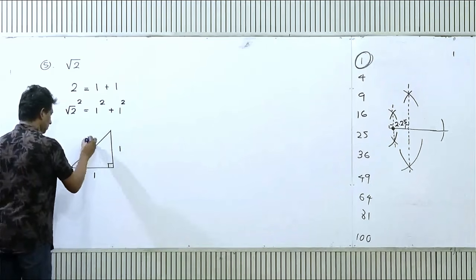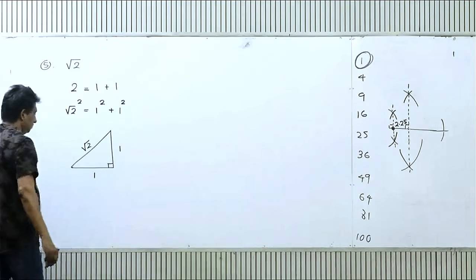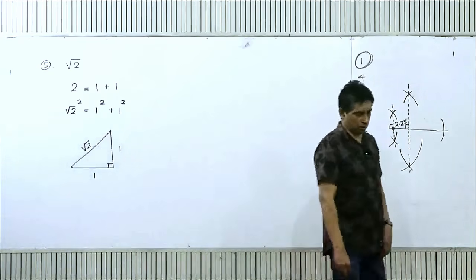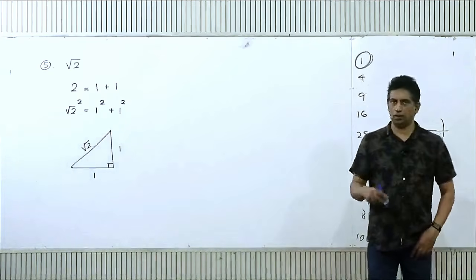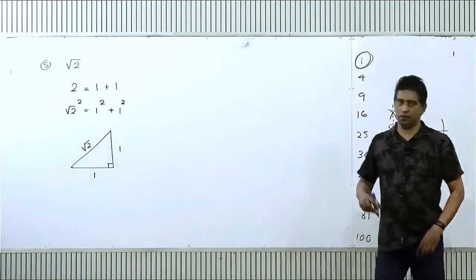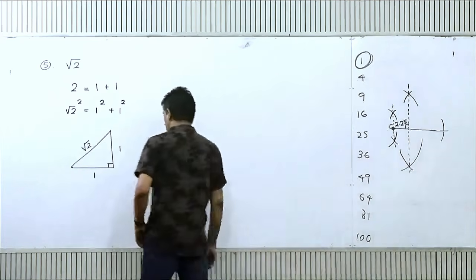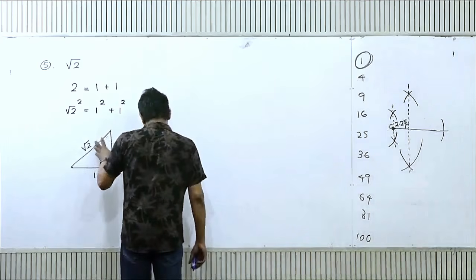Root 2. No? Root 2. That is our final conclusion according to the Pythagoras theorem, right? Now we are trying to create a triangle like this.